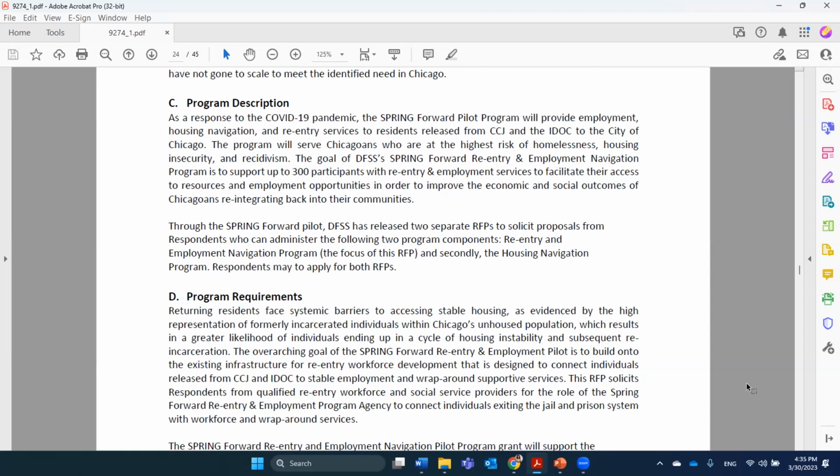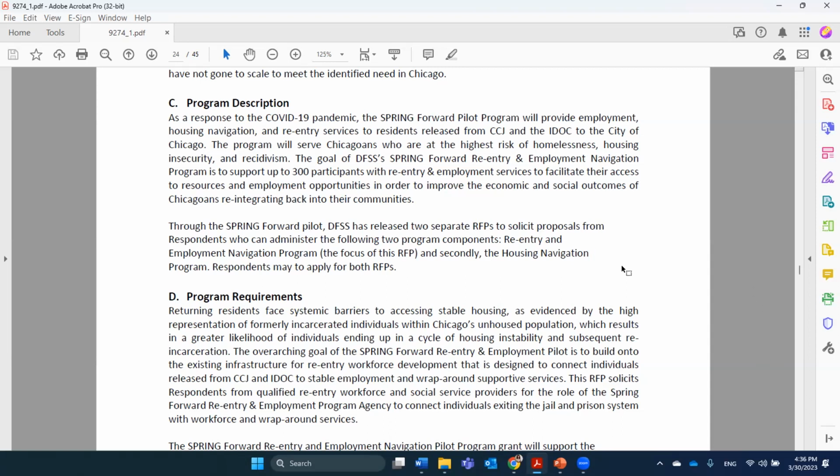Okay, so some things in this RFP, they describe employment, housing navigation, and re-entry services. Those 3 main buckets are what is expected of the organization or organizations who will deliver these services.